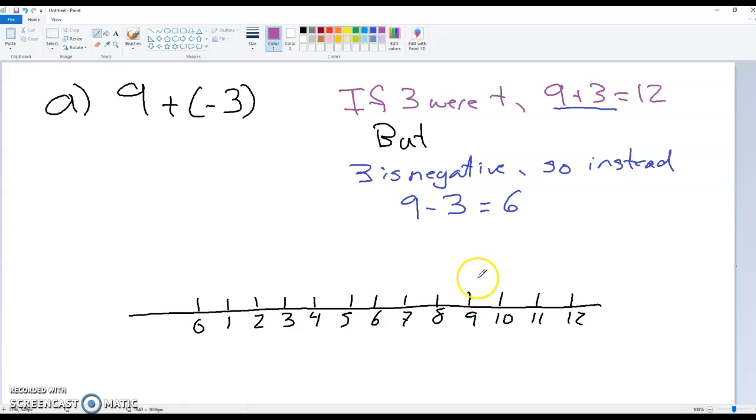So if it were positive, I'd start at 9, and I would go over 1, 2, 3, and my answer would be 12. But we're not working with a positive 3, we're working with a negative 3. So I start at 9, and I'm going to go the opposite direction: 1, 2, 3, and that gives me the 6.